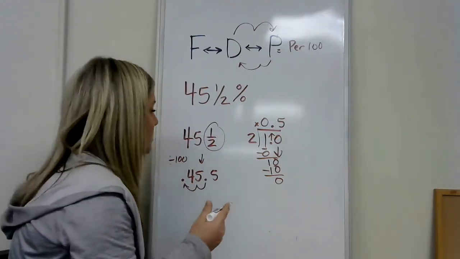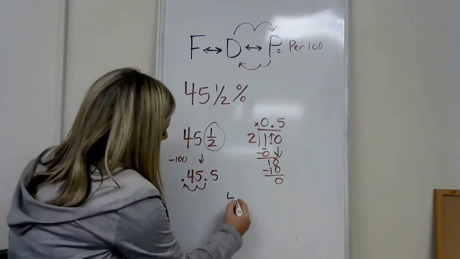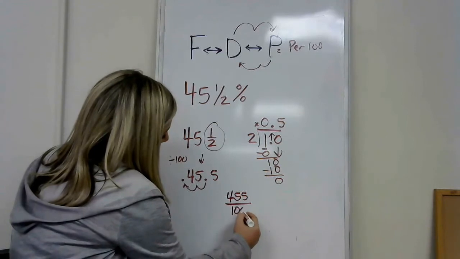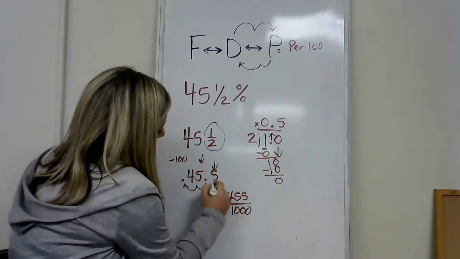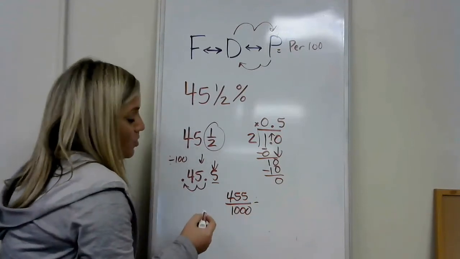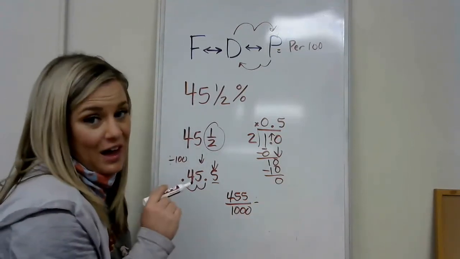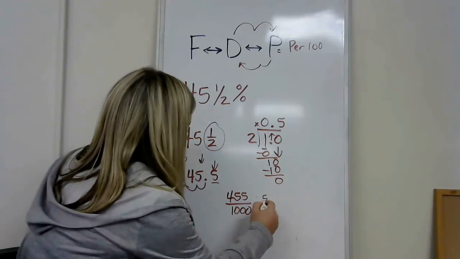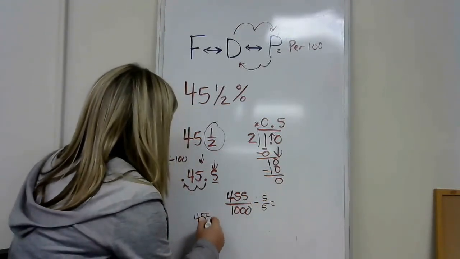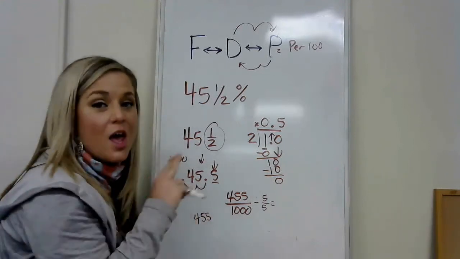Okay, so I need to reduce. So I'm going to set it up. Because this is in my thousandths place, I for sure know that I can divide by 5. It's easier if you have a calculator, but that's cheating.